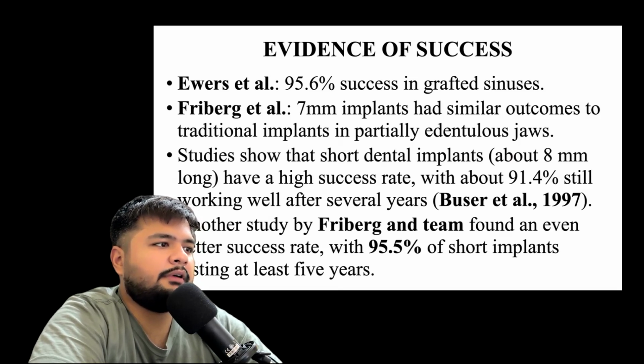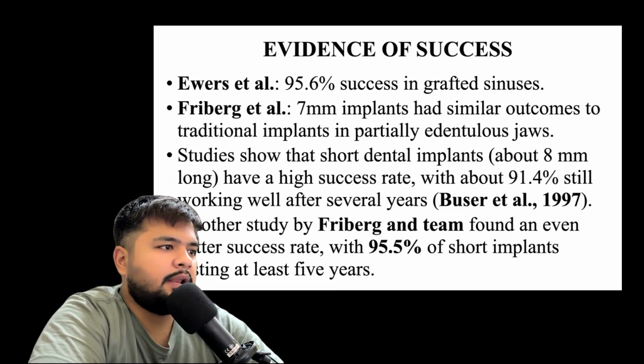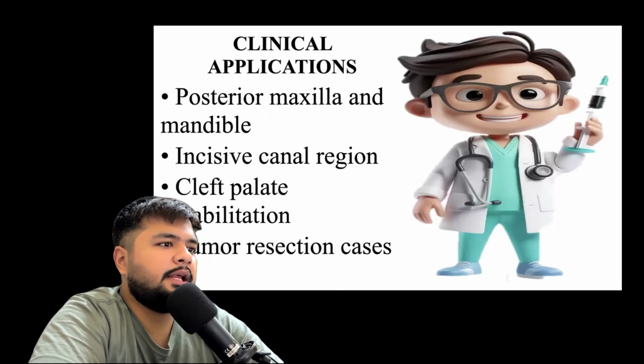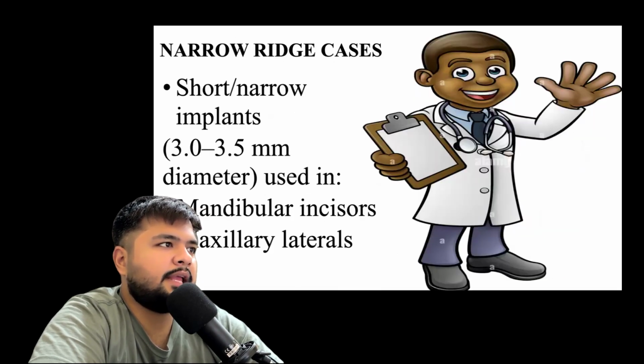Then coming to another study, Freeberg and the team found an even better success rate, with 95.5% of the implants lasting at least 5 years. Then coming to the clinical applications: the posterior maxillary and mandible incisive canal region, cleft palate rehabilitation, tumor resection cases, and narrow ridge cases.